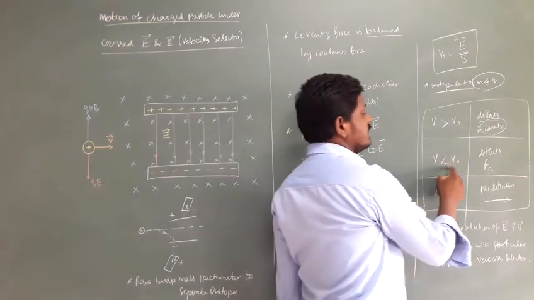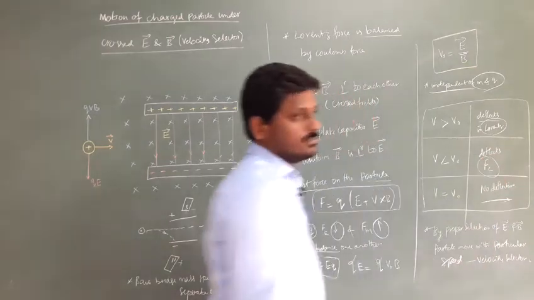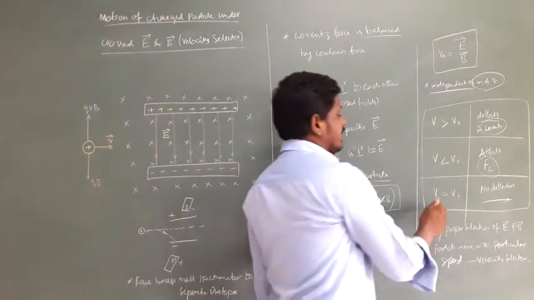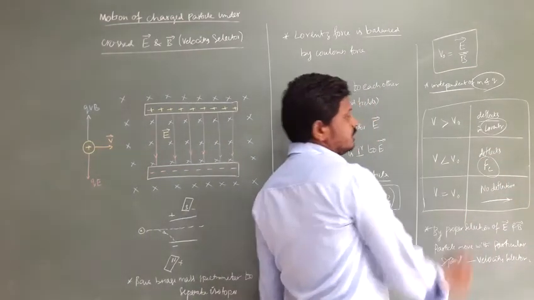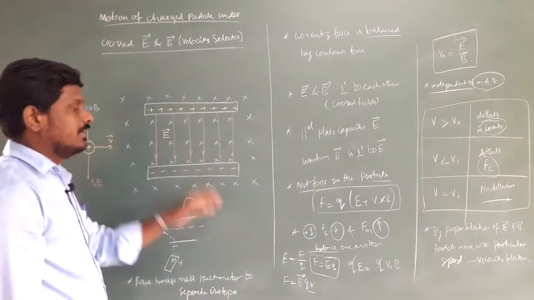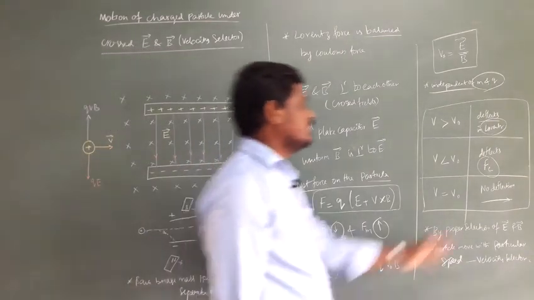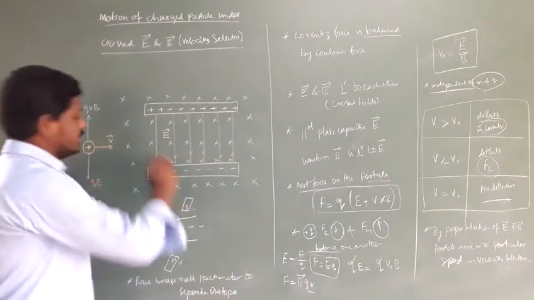If v is less than V0, again there is a deflection due to the Coulombic force, that is the electric force. If v is equal to V0, there is no deflection, so it moves in a straight line.